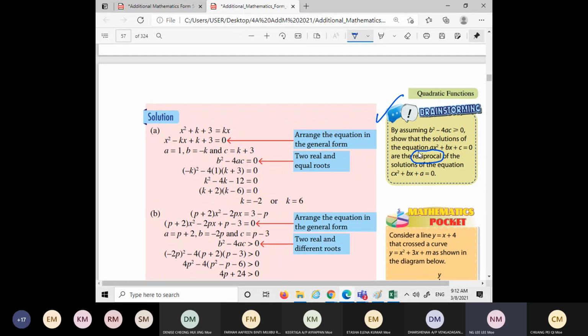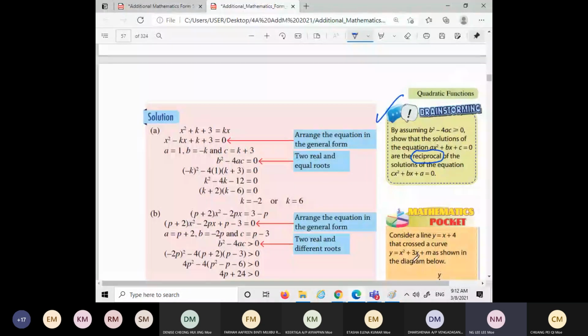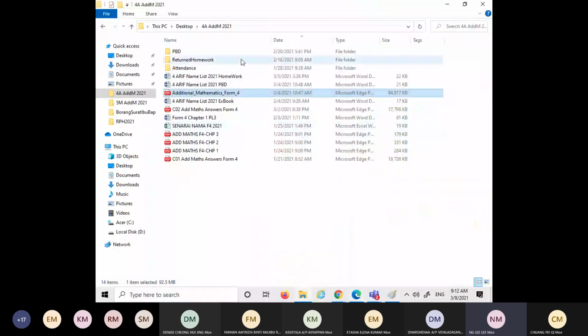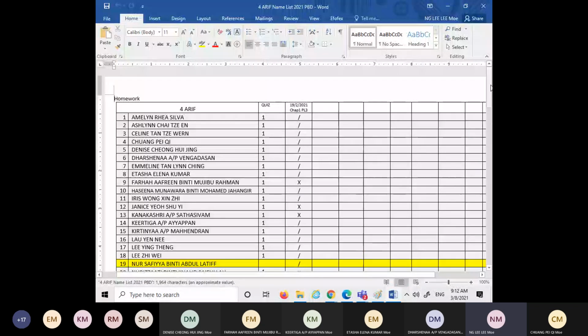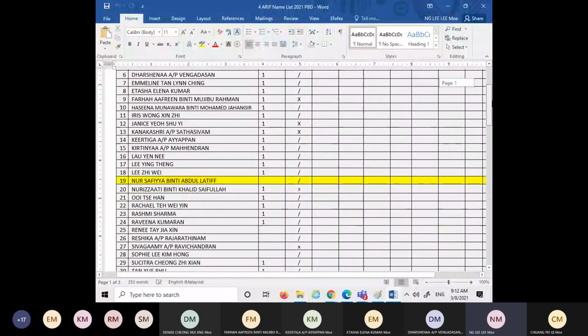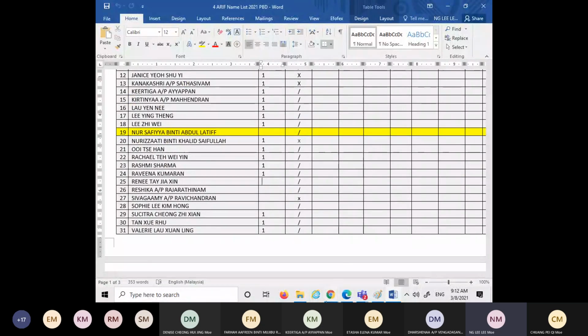Anyone can tell what's the meaning of a reciprocal? Rini, is Rini here?